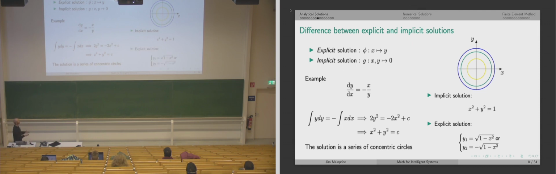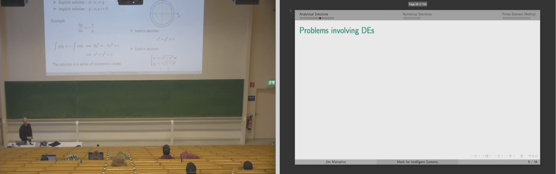But an explicit solution would tell us that on the right side we have the independent variable, and on the left side we have the dependent variable, and it would tell us exactly the relationship between them. Of course, these solutions, when plotted on this plane, only describe half circles, and that's why we need a system of equations here.